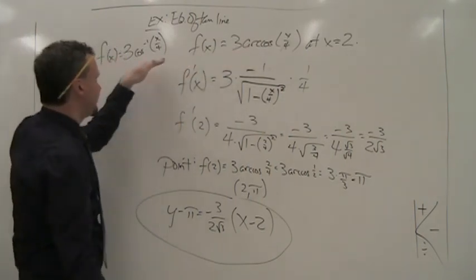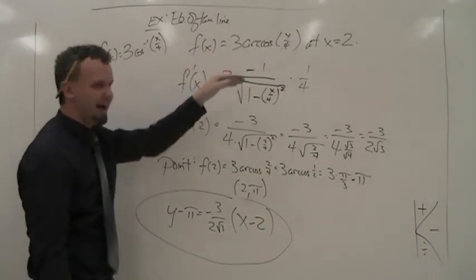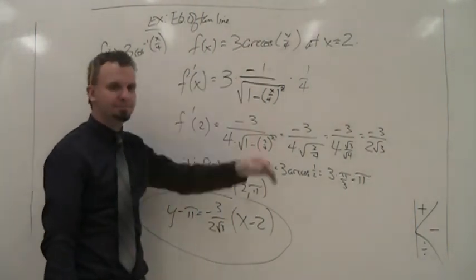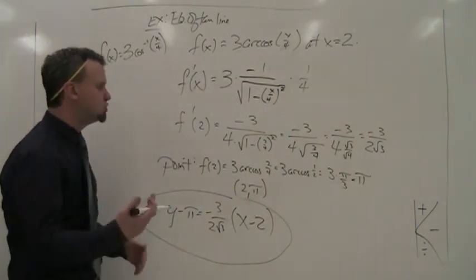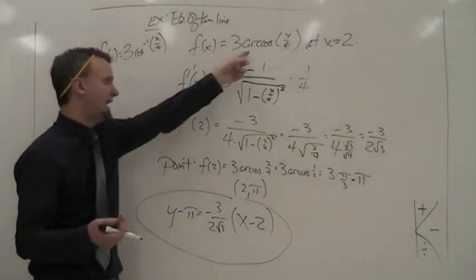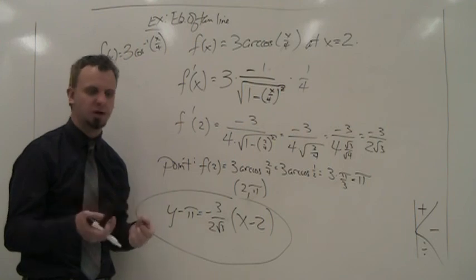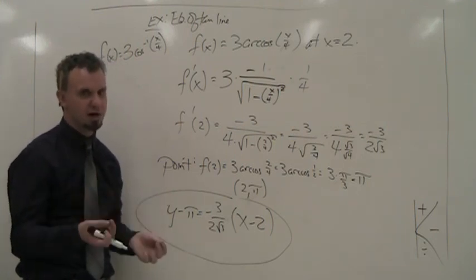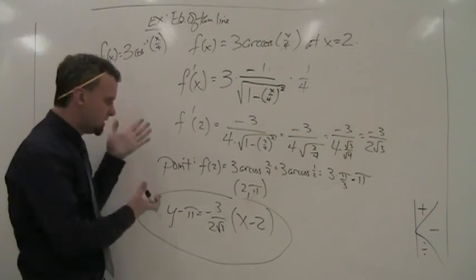All right, they mean exactly the same thing. Their rules are exactly the same. Okay, in our textbook they use arc cosine, but again on the exam they can use both interchangeably. They can use inverse cosine and arc cosine interchangeably. So you do have to know that both of them mean the same thing. All right, and they're asking you the same question. Okay, that's really all there is here.